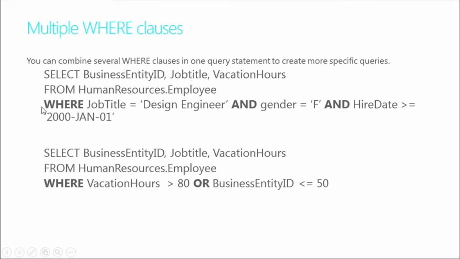Now my where clause: where job title equals design engineer, and oh by the way, gender has to equal F, and oh by the way, their hire date has to be greater than or equal to January 1st of 2000. So now I'm really narrowing down what's returned to me in my result set. I'm specifying three bits of criteria that each record returned has to meet. They have to be a design engineer, they have to be female, and they have to have been hired later than January 1st of 2000. So I'm getting very specific.